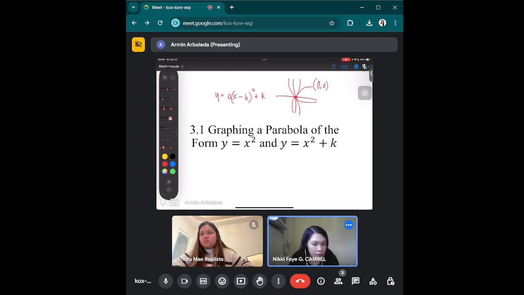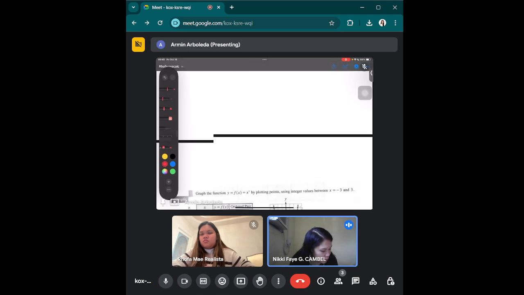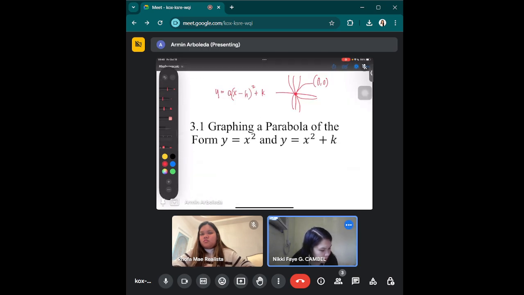So, pag mag-proceed tayo dito, mas malalaman mo yung mga jargons sa parabola. So this standard form came from the general form. Okay? So this is also a quadratic function. That's what it's telling us.